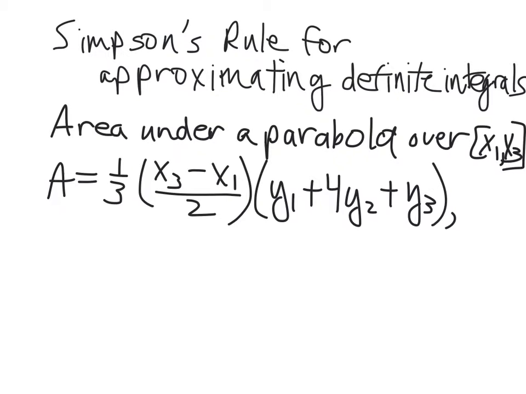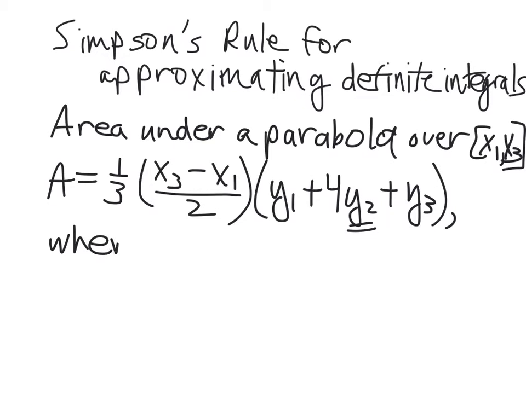So our endpoints, well, we could call it A to B, but our endpoints will be x sub 1 and x sub 3. And then notice here we have y sub 2. That's our function value for what x sub 2 is.